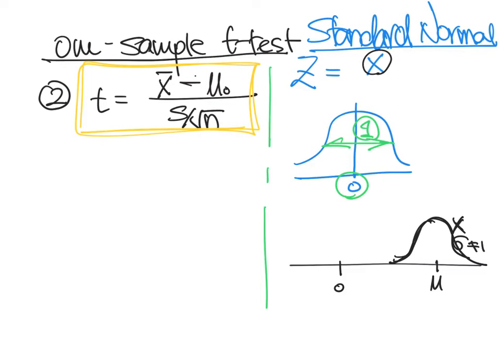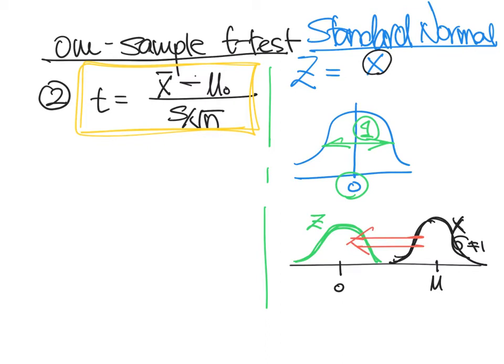Standardized means we can make a standard normal distribution. So the green one is a Z, the standard normal distribution. How? First, we have to move to here.